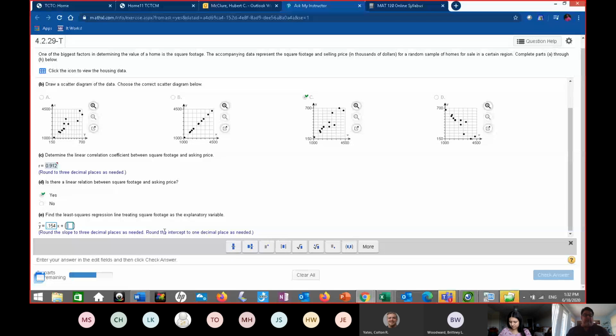Look at what they do to you. They change horses in midstream. Round the slope to 3 decimal places, and round the intercept to 1 decimal place. So it'd be 21.0. Okay, make a note. They will do that to you on the test.